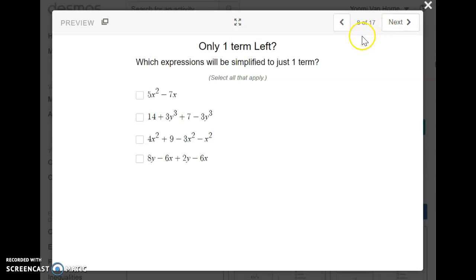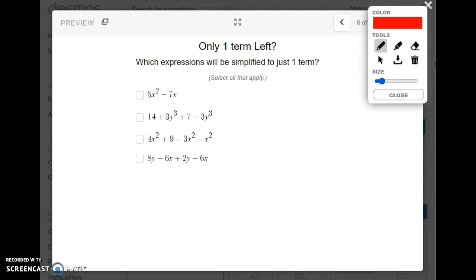Which expression will be simplified to just one term? Okay, so to do this, you need to simplify each one of them. Can I simplify the first one? 5x squared minus 7x. Well, they're not like terms, so I cannot simplify this anymore. What about 14 plus 3y cubed plus 7 minus 3y to the power of 3?